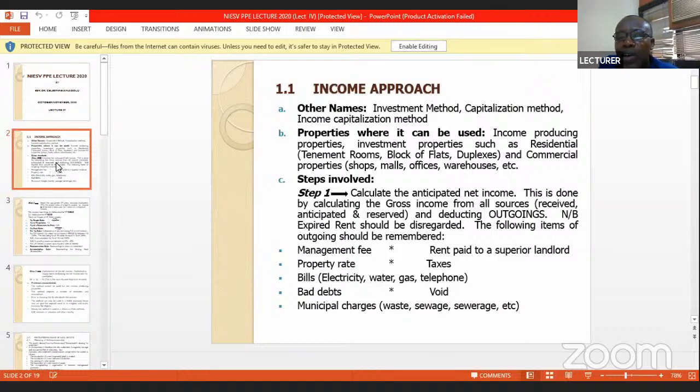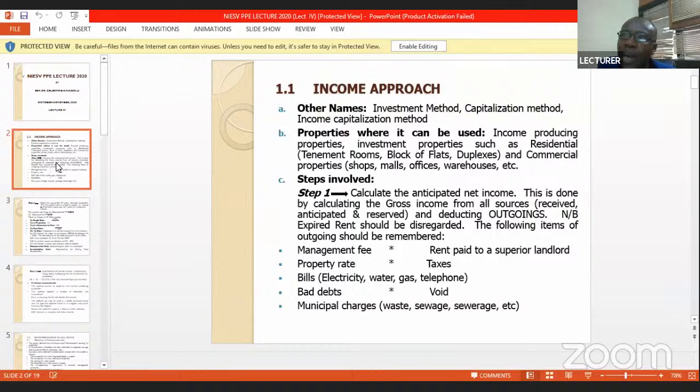When we are discussing income here, you will notice that some income is real income and some income is notional income. Real income is the one you have collected. Notional income is the one that you are yet to collect, but you know you will collect it. It's notional because it is not yet received. Sometimes notional income is also there, but may never be collected.